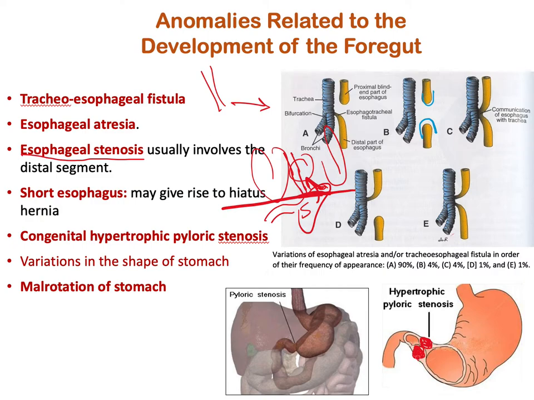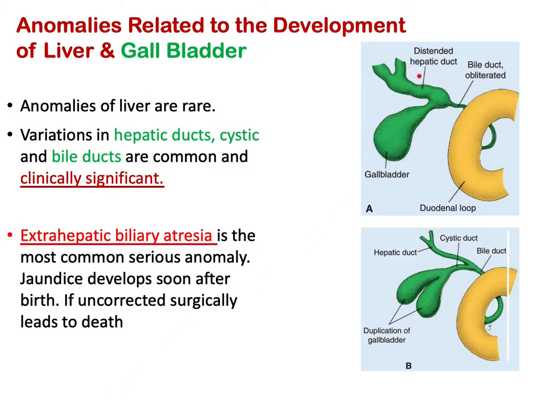Yes, there is stenosis, but this is hypertrophy, which is congenital, in which one sign in the newborn baby is continuous vomiting. Sometimes the stomach rotates in a wrong way rather than 90 degrees clockwise. And also sometimes you have variation in the shape of the stomach itself.